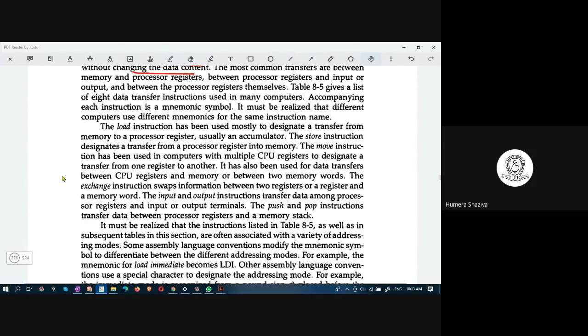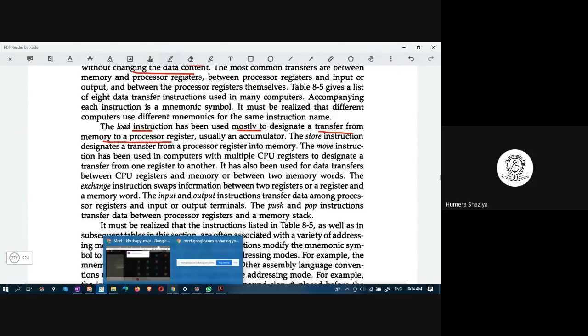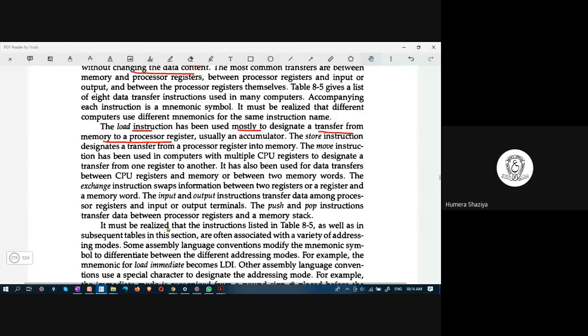Load instruction has been used mostly to designate transfer from memory to a processor register. Memory to a processor register means from RAM to accumulator. Store instruction designates a transfer from processor register to memory. Typically, it's accumulator to RAM.